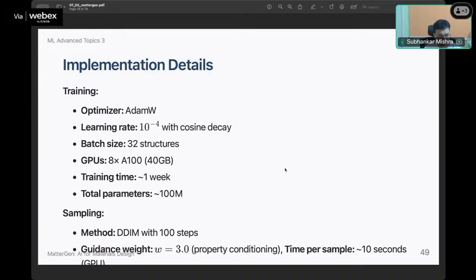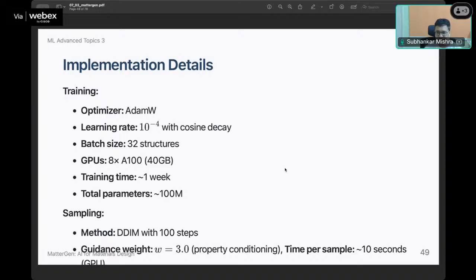I think we did talk about Adam earlier. Learning rate is 10 to the power minus 4 with cosine decay. Batch size is 32. GPUs are 8 A100s, and training time is 1 week. Total number of parameters is 100 billion. Just to give a hint, diffusion models technically are not that big.